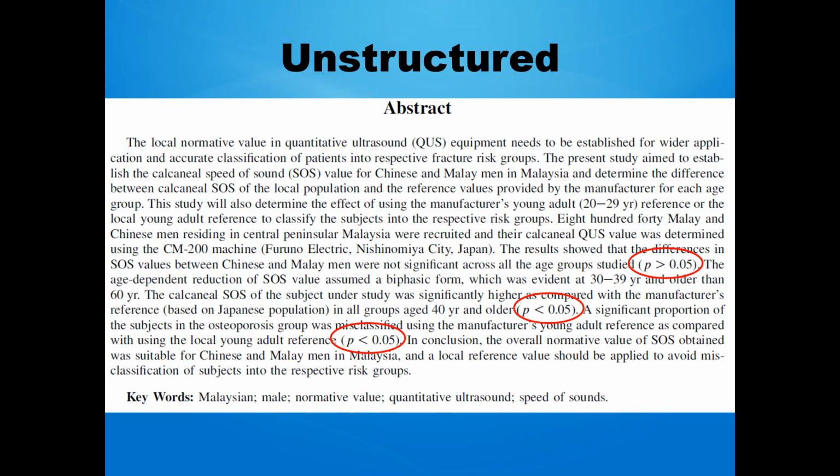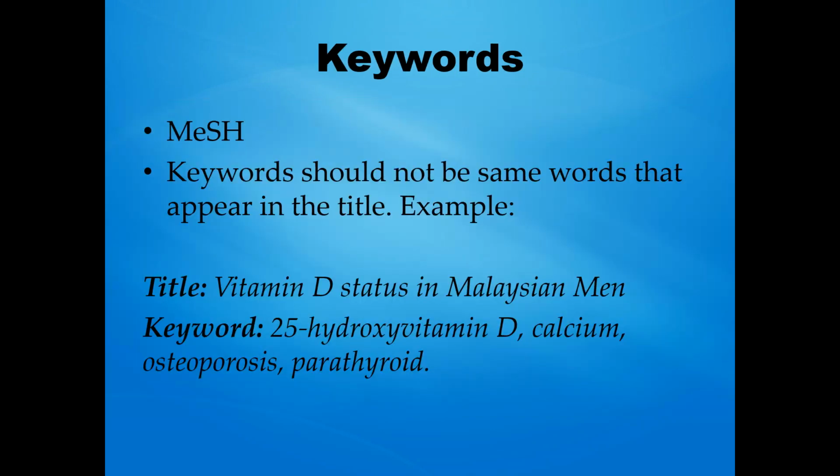The requirement for a structured or unstructured abstract actually depends on the journal itself. So when authors write an abstract for a manuscript, he or she will need to refer to the journal's author guidelines to decide whether the journal requires a structured or unstructured abstract. Next is keywords.